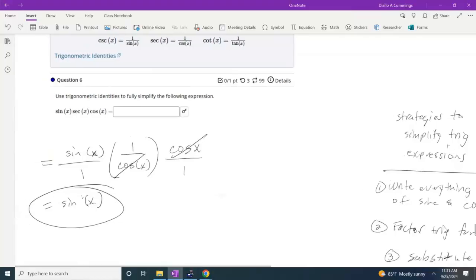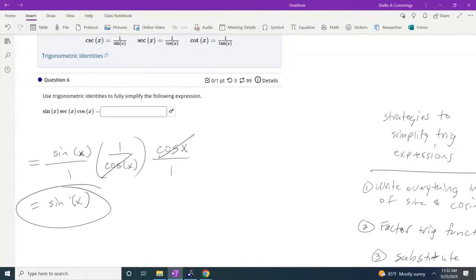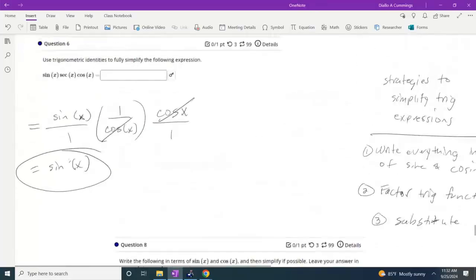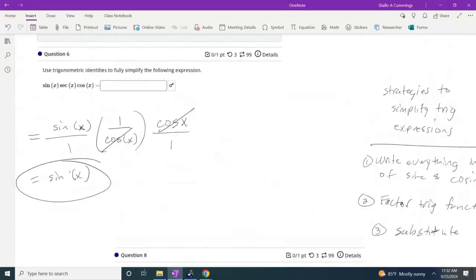All right, any questions about 6? That's right, because when you multiply, you can cross cancel. So I'm writing everything as fractions and then canceling out the common factors. So why did you put 1 over cosine x and then cosine x over 1?